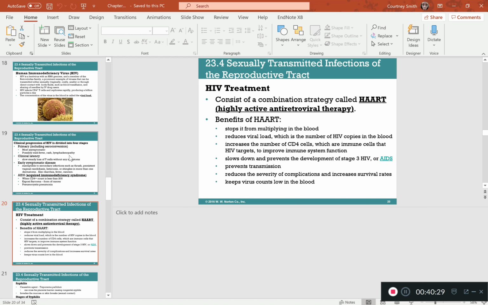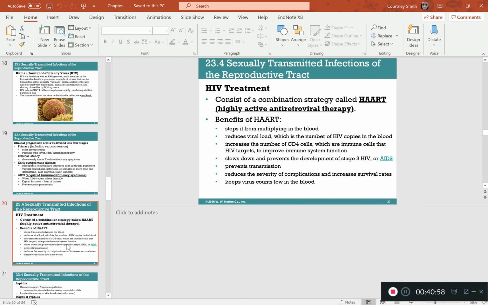With reduced viral load, you have an increase in CD4 counts. And if you have an increase in CD4 count, a lot of times you can fight infections a lot easier, and you have fewer complications because of the infection. So that's definitely a huge benefit and a huge medical advantage that we have now to treat HIV.